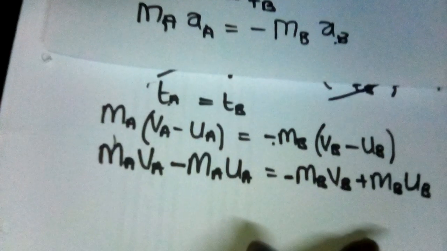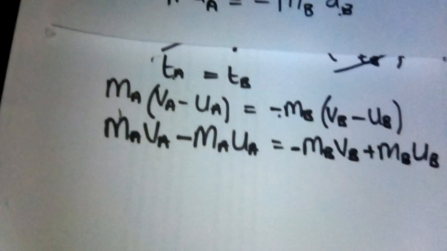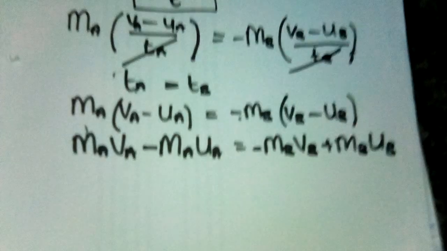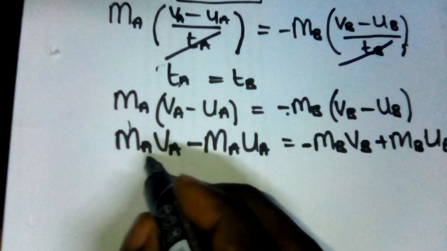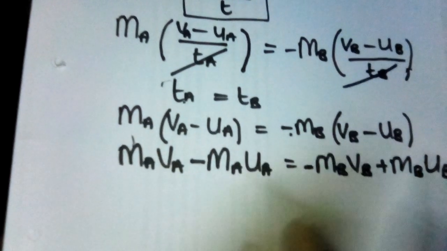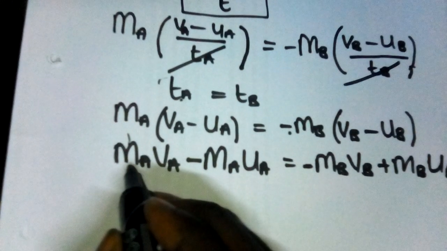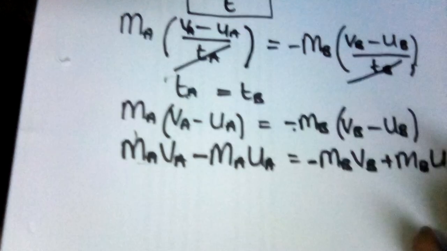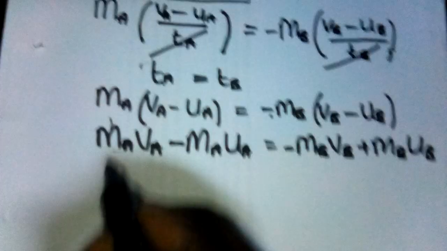Alright, now here we can simply collect the like terms. We can use whichever way is fine, but in this case, let us collect those with final velocity on one side, and those with initial velocities on the other side.